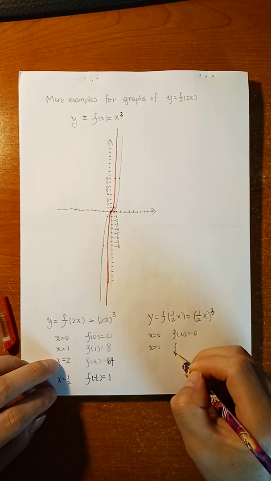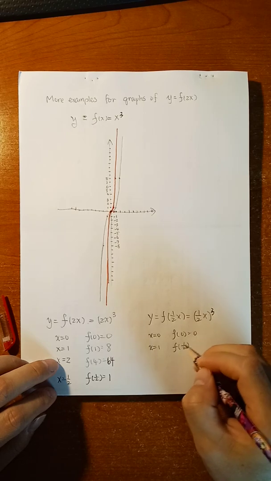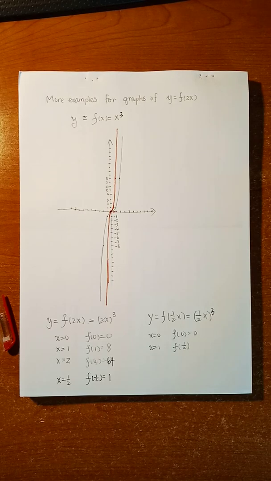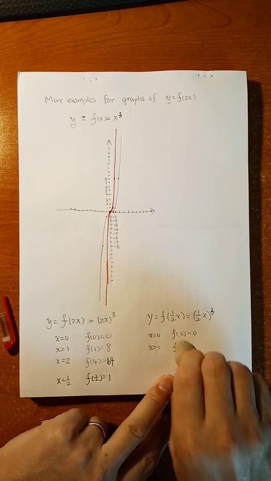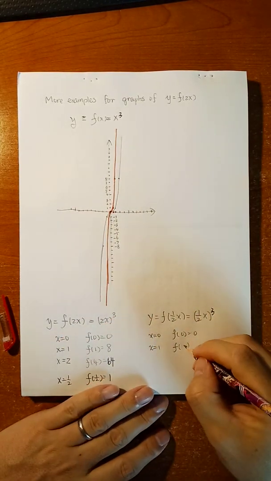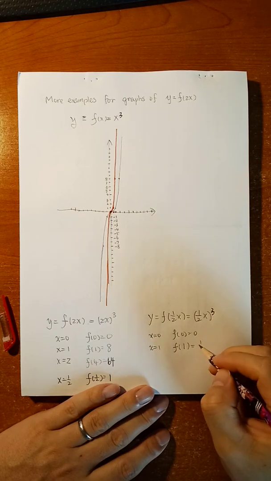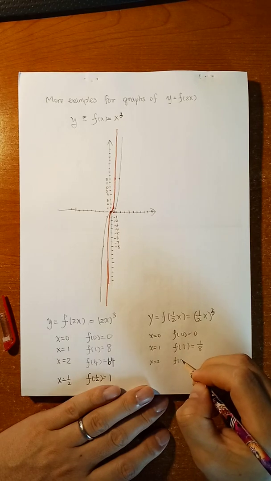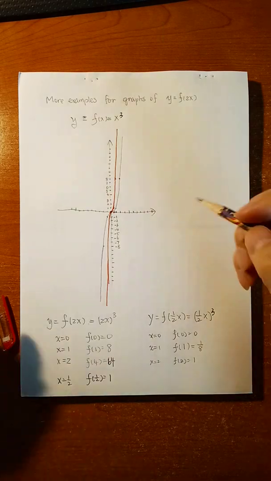When x is 1, 1/2 times 1 is 1/2. 1/2 cubed is 1/8. When x is 2, 2 times 1/2 is 1. Cubed is 1. Okay, so now let's check.